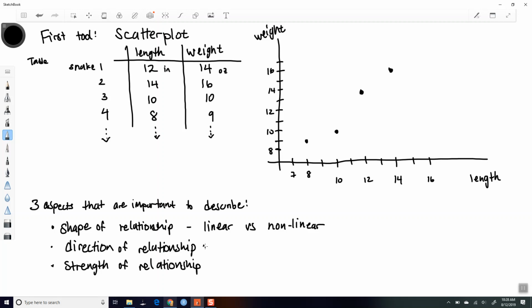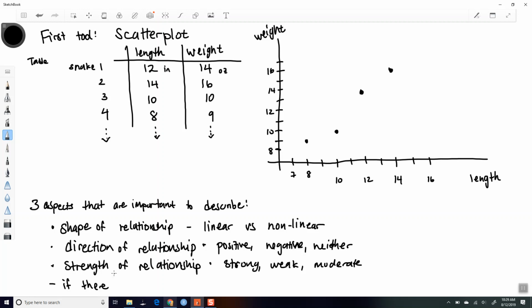Okay, so the direction will be positive, negative, neither. And strength will be strong, weak, something in between, moderate. Okay, and I'd say those are the three aspects that are important to describe. If there's anything highly unusual, that's also important to describe, okay? And then if there's something highly unusual, be sure to point that out.